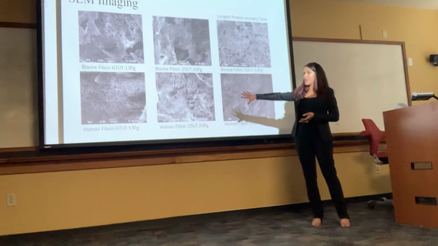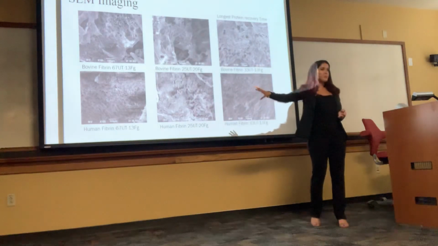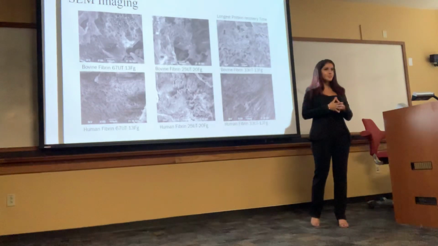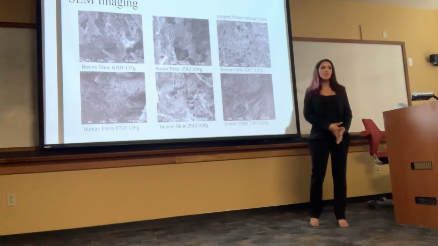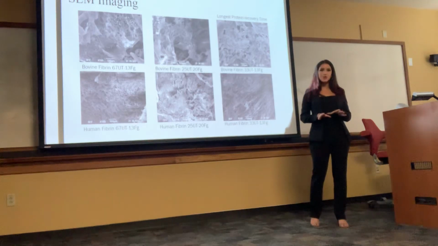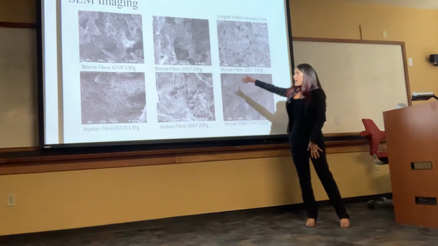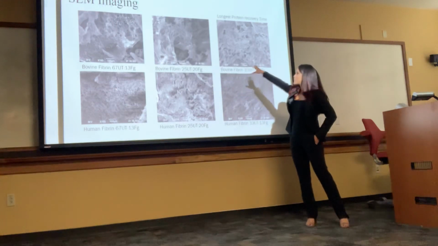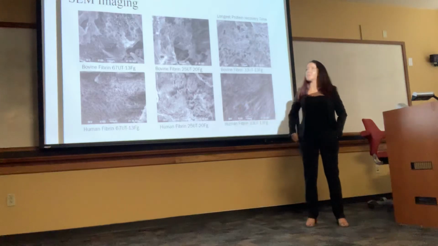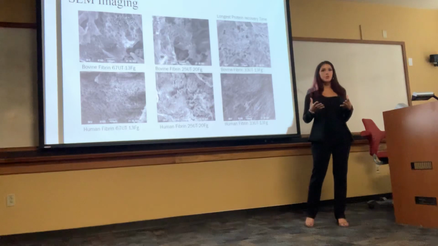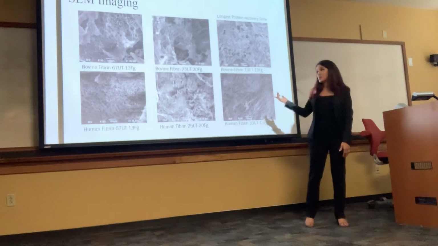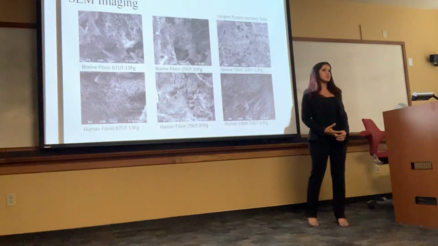But I think with denser gels with smaller pores, we have a higher surface area. So there's going to be more space for the cells to attach, depending on their size and on the pore size of our fibrin gels, which I did not look into, but if I had more time, I would definitely go into that. So I think having these very loose structures in the bovine fibrin gels is not really good for the cells. They don't have a lot of surface area to attach and to migrate around, so I do expect to get better cell migration with the human fibrin gels.